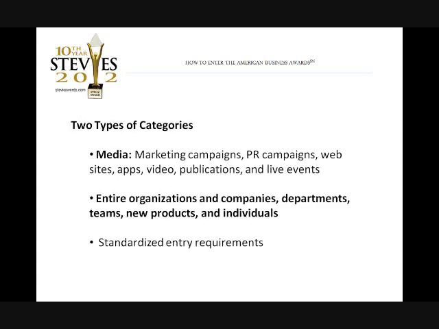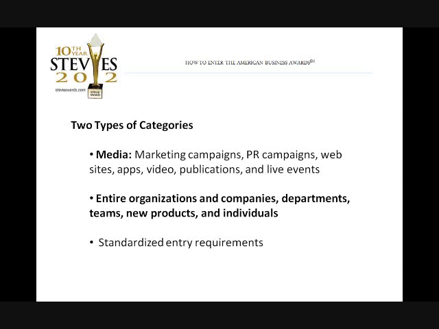There are 2 types of categories in the ABAs. There are media categories, categories for marketing campaigns and public relations campaigns, for websites, for smartphone and tablet apps, for video, for publications such as marketing and sales brochures and annual reports, and for live events.